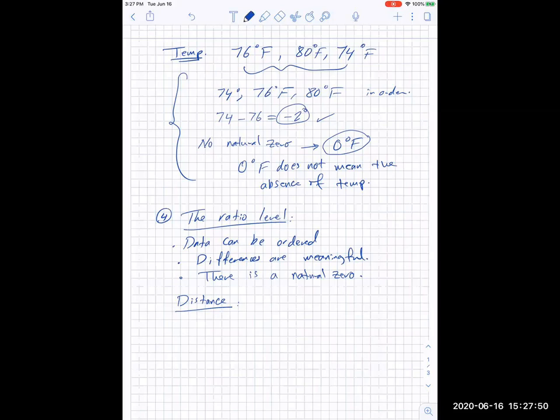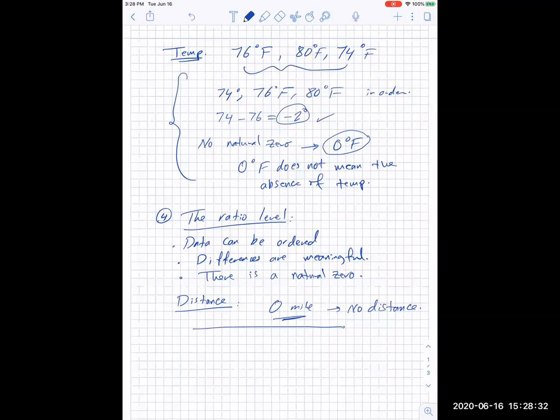So when I say 0 miles, that means no distance. So the 0 in this case is natural. 0 means the absence of that quantity. When I take measurements like distance, volume, height, all of these are considered measurements or data at the ratio level.